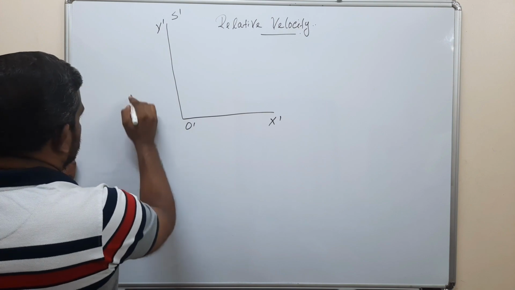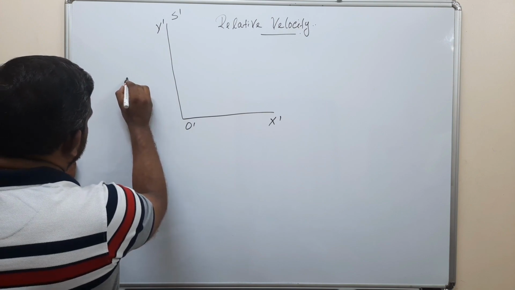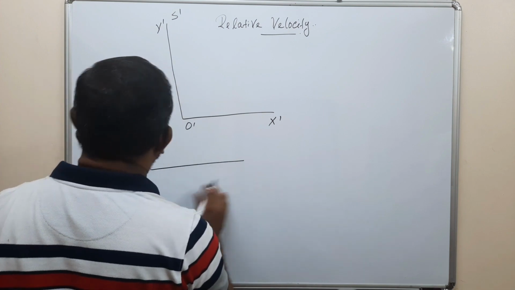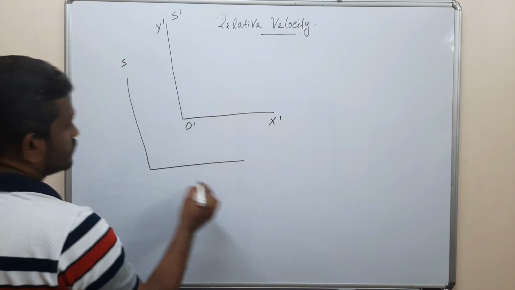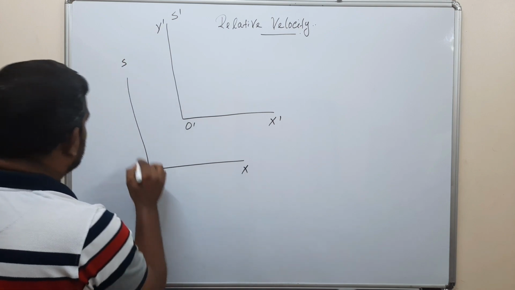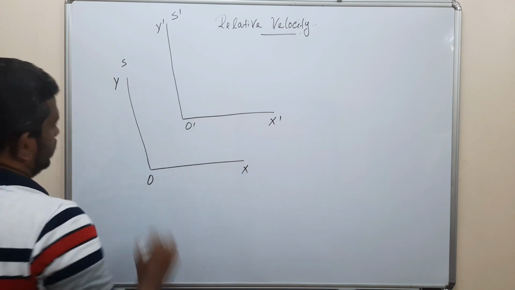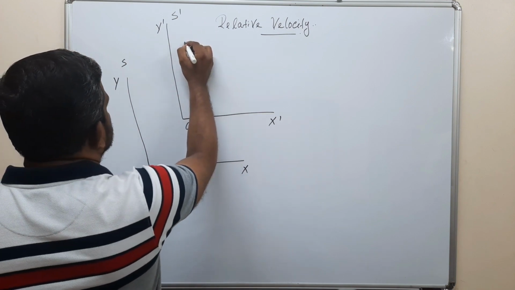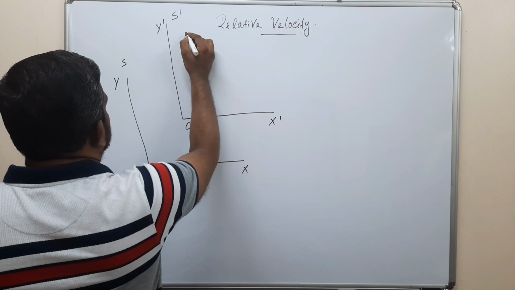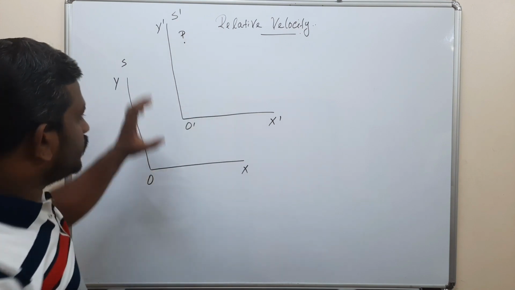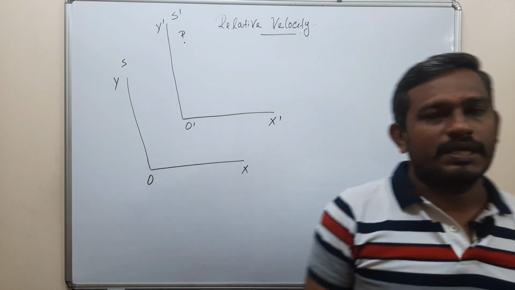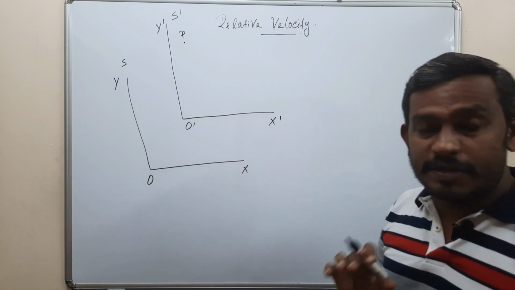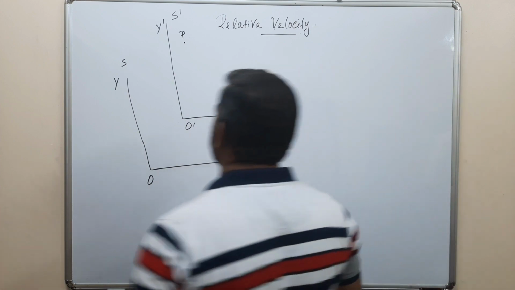So consider another frame, that is S frame, X, O, Y. Okay, consider a particle P. The motion of the particle P is observed from these two frames, that is S dash frame and S frame. These frames are also moving with respect to each other.